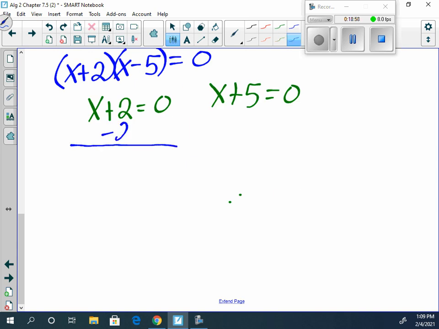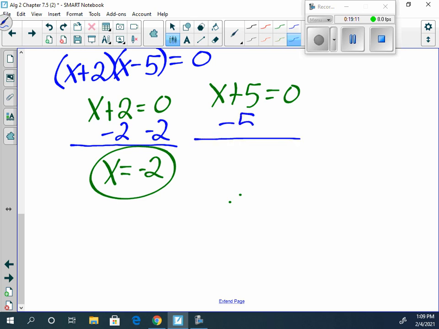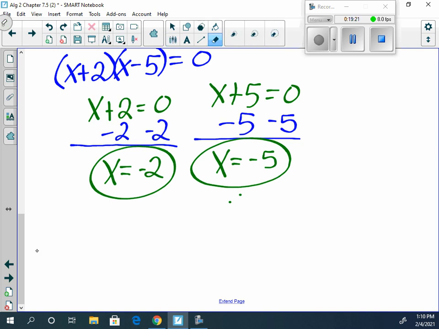So at this point here, I would subtract 2 from both sides, which would tell me x is equal to negative 2. And here we would subtract 5 from both sides, telling me that x is equal to, that ain't right.